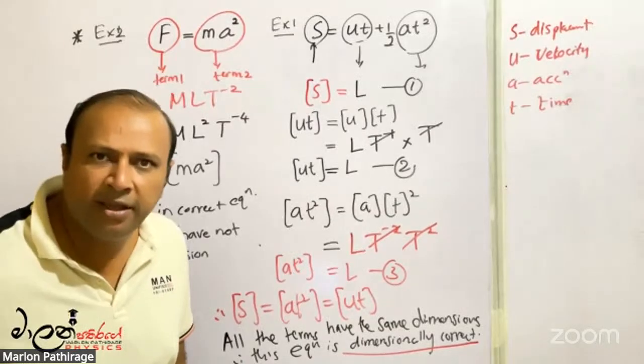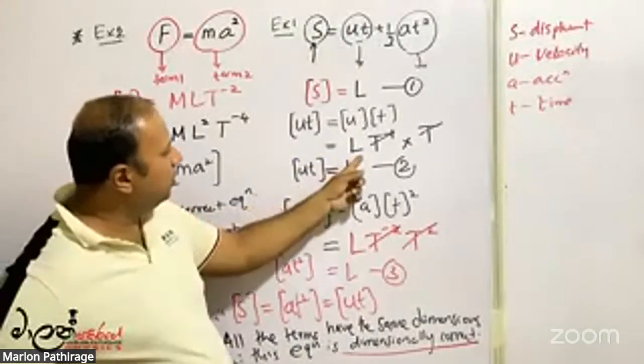So velocity is ms minus 1. Velocity is ms minus 1 also, but here you are taking only the length, the numerator part only, sir. How can we take it like that? No, here it is velocity into time.